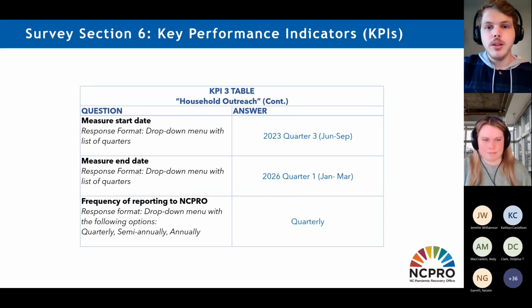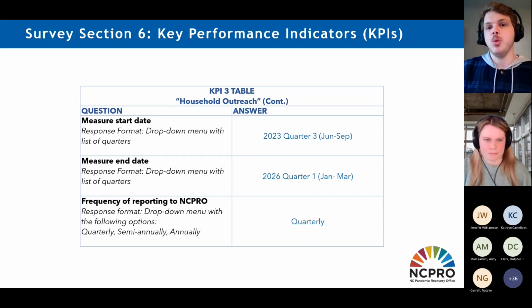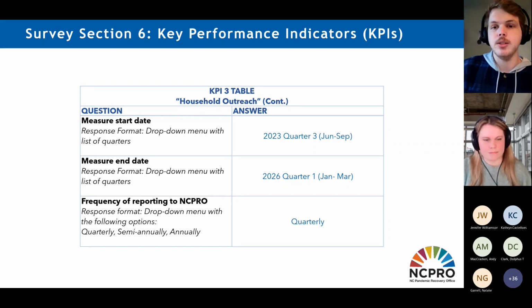Moving through those same questions, we wanted the measurement start dates and end dates. Looks like this is going to be a bit of a longer term measurement. We'll have a number of different workshops, so we'll be collecting this throughout the length of the project, but we'd be able to capture this information on a quarterly basis, or that's when we would be reporting on it.